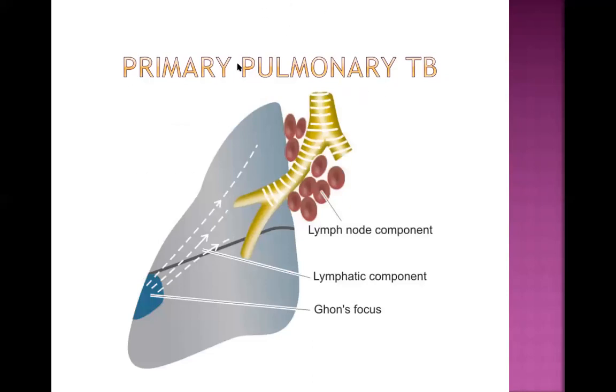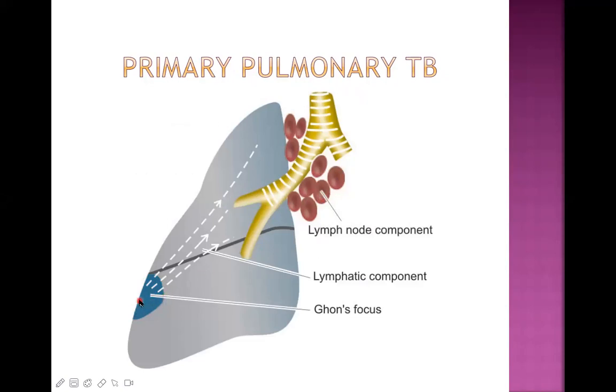Now, look at this picture here. This is the trachea. Bronchi, right bronchus and left bronchus, divided into other bronchi. Now look at this. These are the hilar lymphadenopathy, enlarged lymph nodes. Here is Ghon's focus.